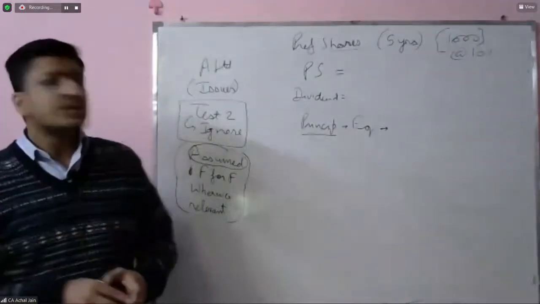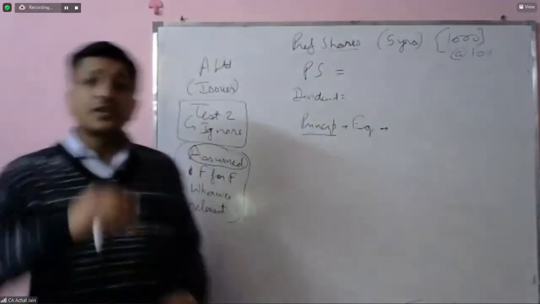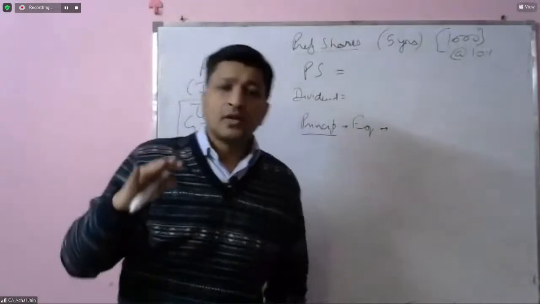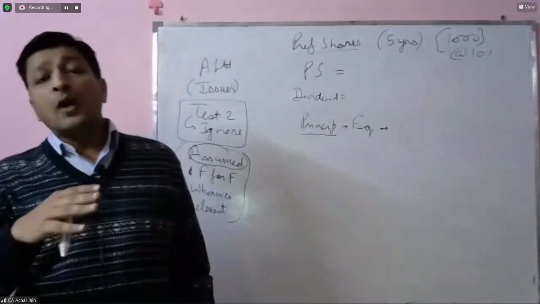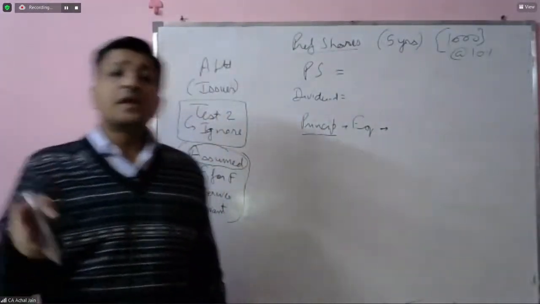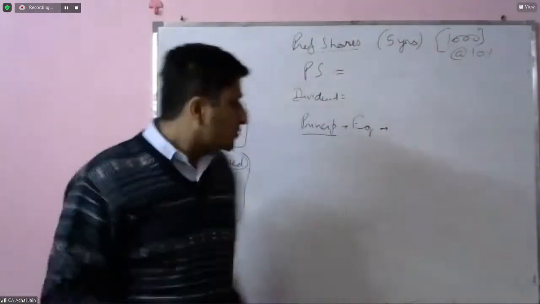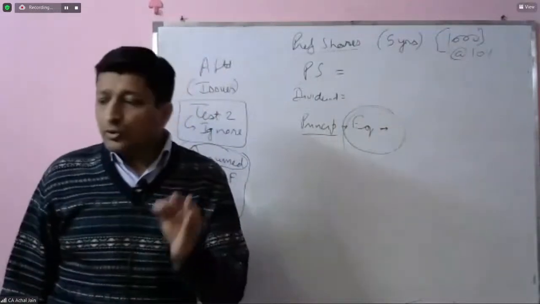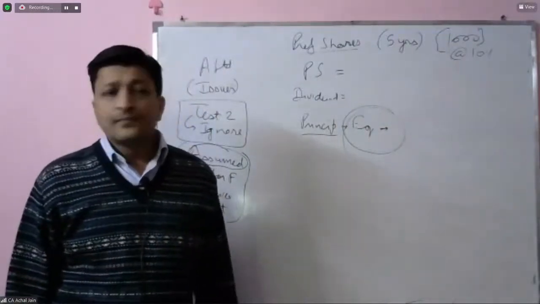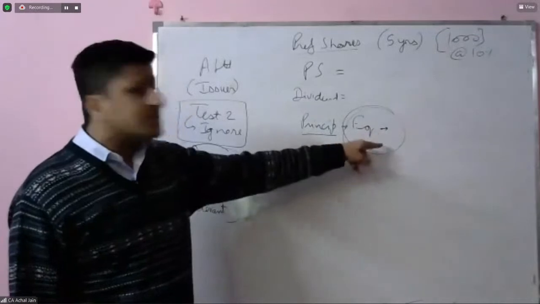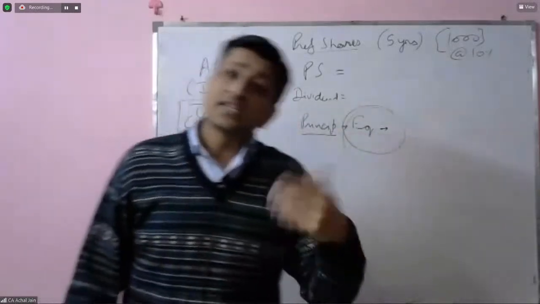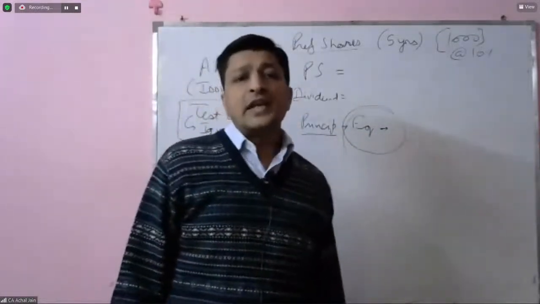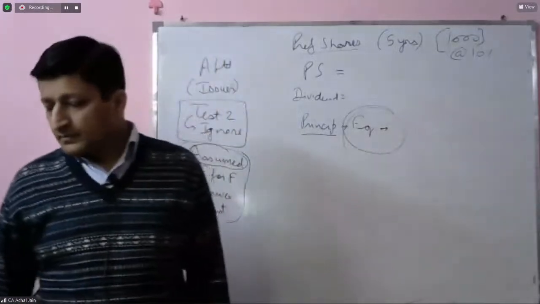Let's suppose the question says the number of equity shares will be decided later on, and the amount at which it will be issued will be dependent on the market value later on. So will you continue to call it equity? No. In such a case, this equity will become financial liability. Okay, clear?